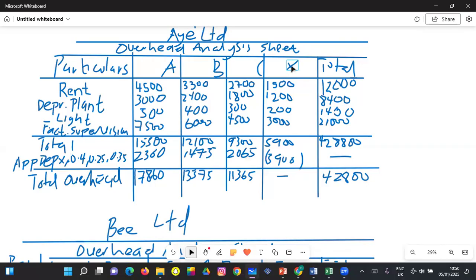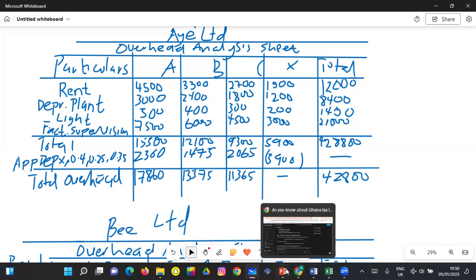Let's say there was another department, Y. So X and Y: Y will also be offering service to X. So you reapportion and reapportion until the value left under the service departments becomes irrelevant, so small that you can't even reapportion. You apportion Y, you get something for X, then you reapportion that to everyone again, then you get something for Y, then you reapportion Y's onto everyone again, until the value becomes so small.